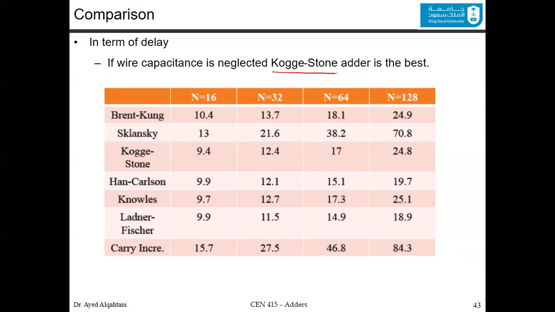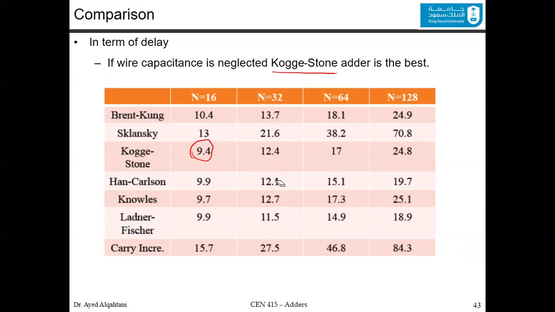And in the research, someone implemented all of them for different numbers of bits: 16, 32, 64, and 128. As you can see here, the minimum delay for 16-bit was 9.4. The minimum for this one was 12.1, I believe.